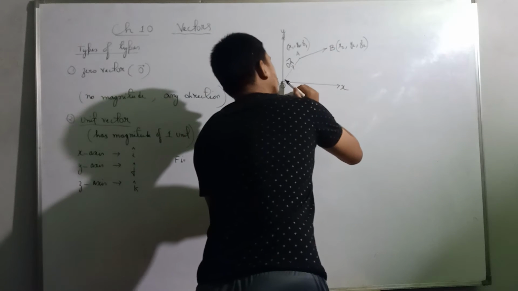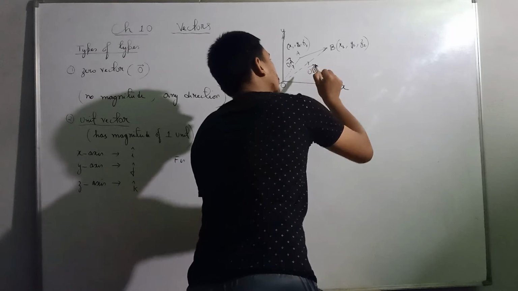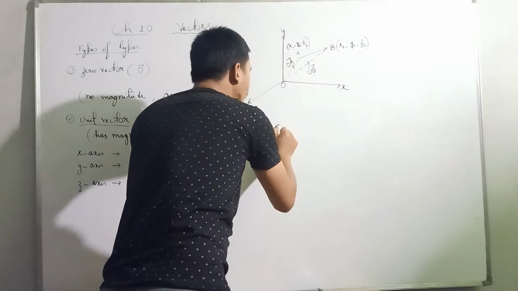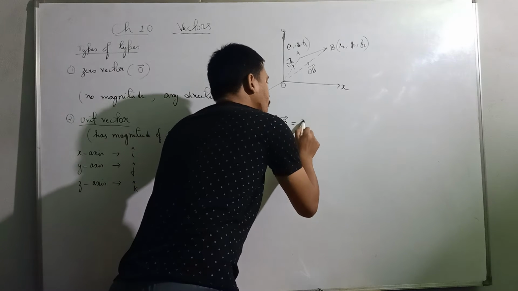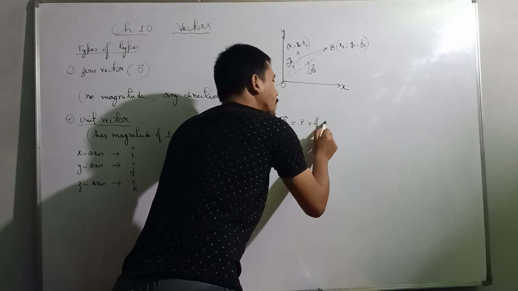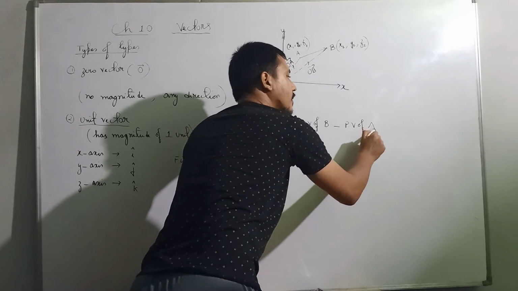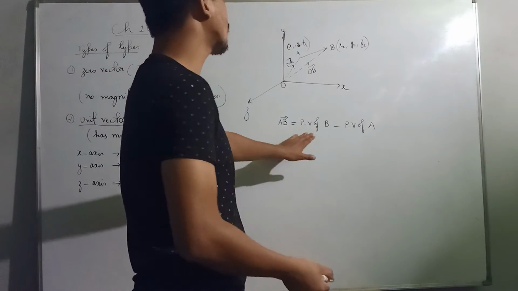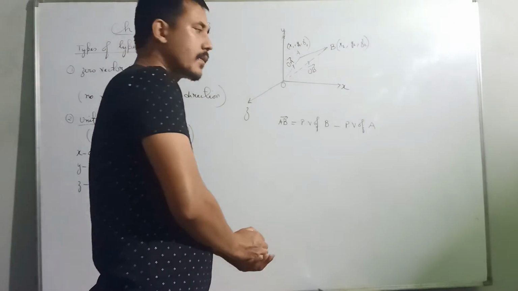And position vector of B will be your vector OB, right? So vector AB will be given by position vector of B minus position vector of A. Position vector of the terminal point minus position vector of the initial point.